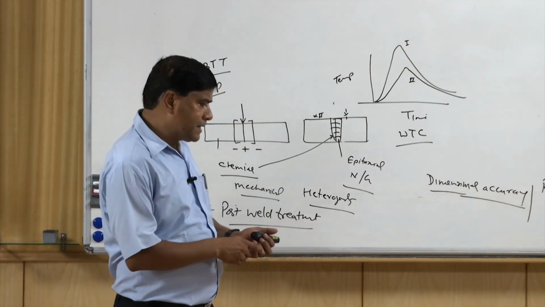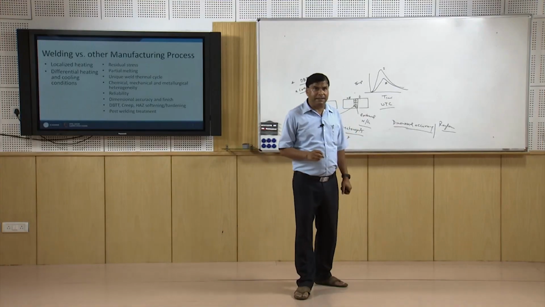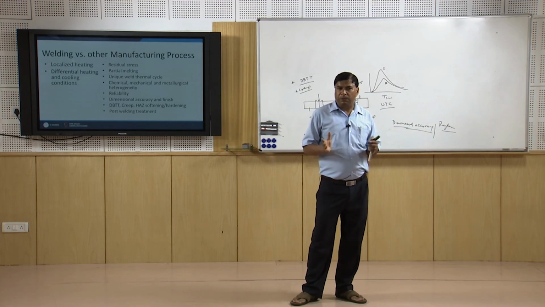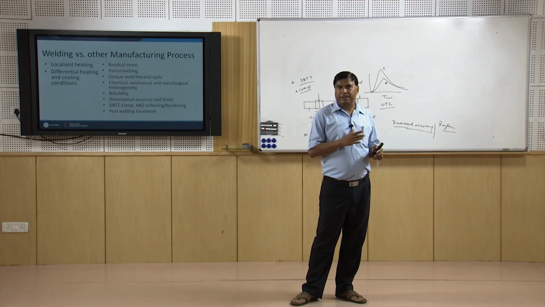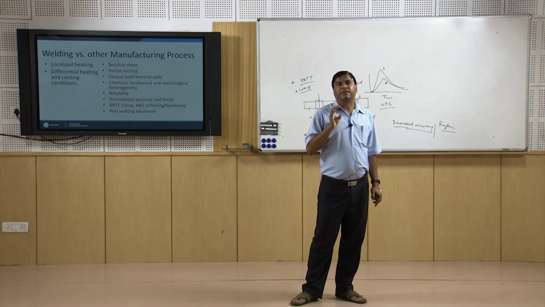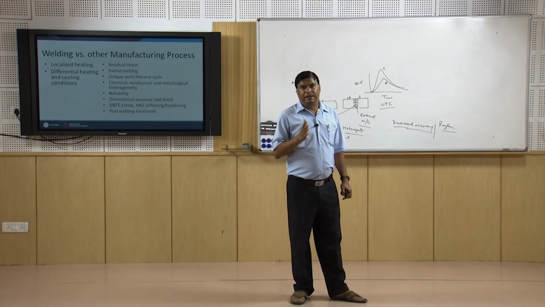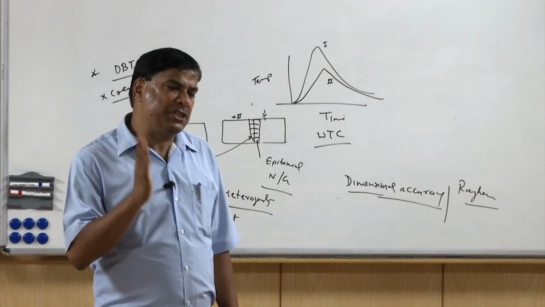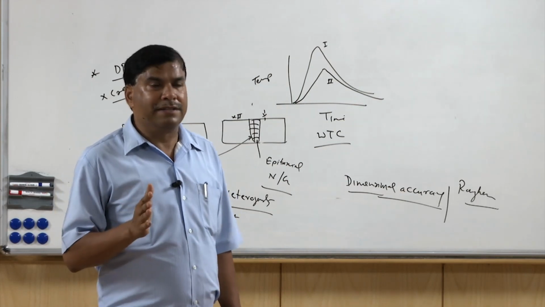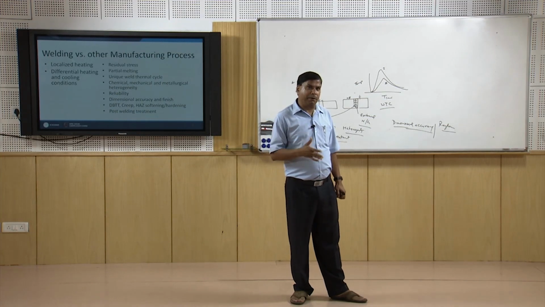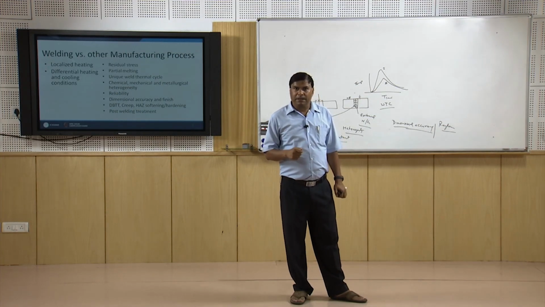So, in this presentation you have seen that welding, which is a joining process, is a positive process as compared to the other manufacturing processes, and the localized heating and differential heating and cooling cycles experienced during welding, especially in the regions close to the fusion boundary, result in very unique responses and properties in the welded joints.